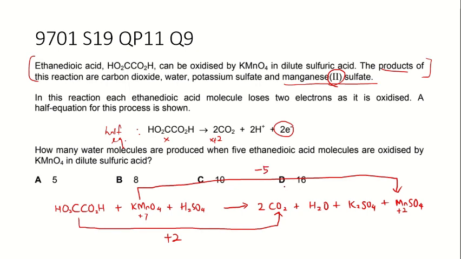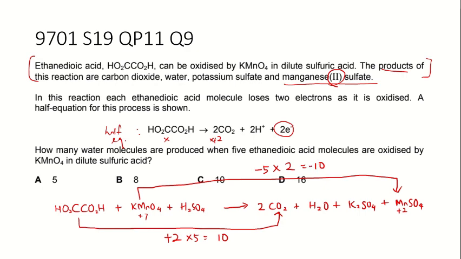To balance the equation for a redox reaction, we need to make sure that this magnitude and this magnitude are the same. Multiply by a common factor and then they become the same. So I want this to be multiplied by 2 and this by 5, because I'll get 10 and here 10.